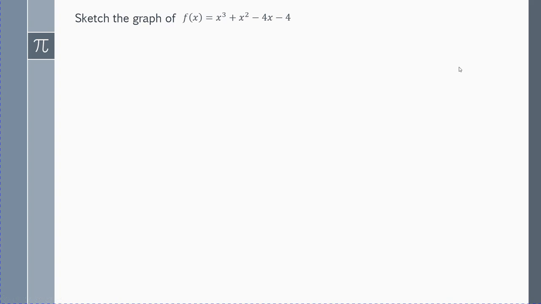All right, so let's sketch the graph of this. F of x is equal to x cubed plus x squared minus 4x minus 4. All right, so step 1: let's figure out the end behavior. Well, look, degree 3.